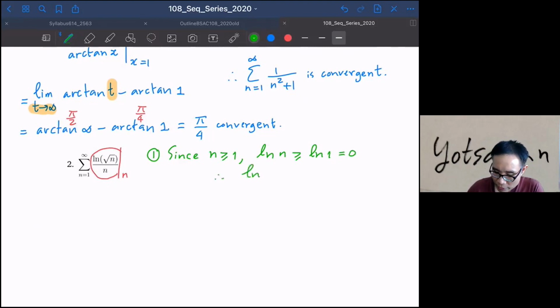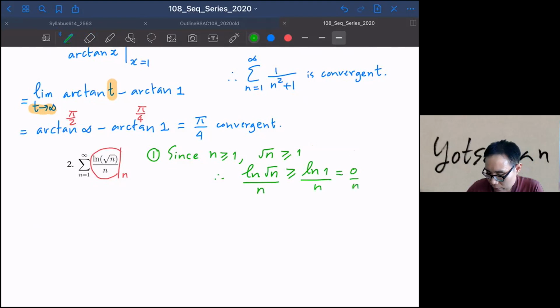And you have log root n, so let me put root n, sorry. Root n is more than 1, so log root n is more than log 1, which is 0, and you divide by n, so it's positive. So a_n is positive.